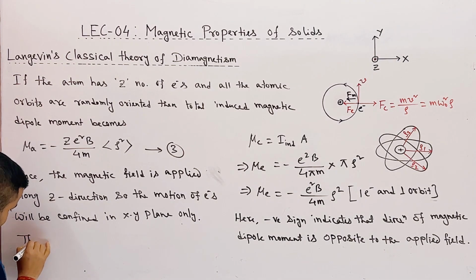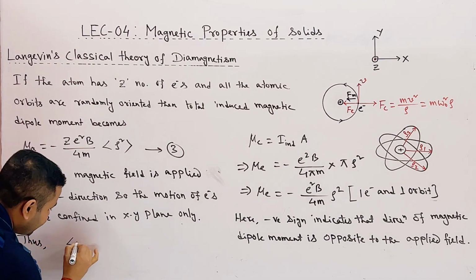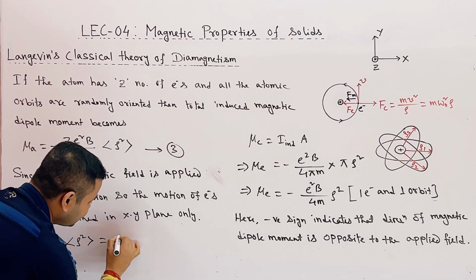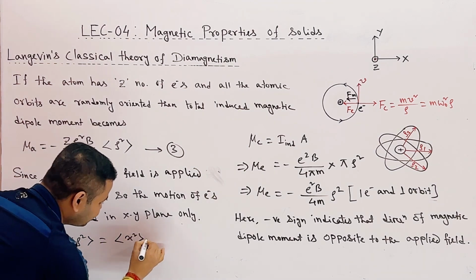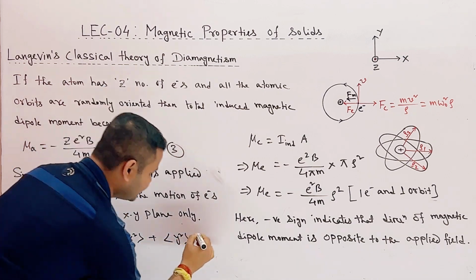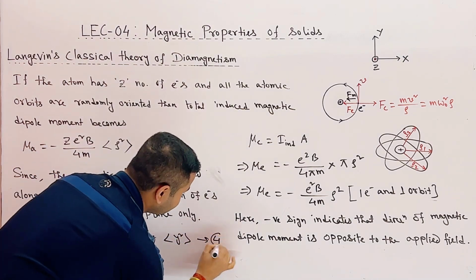Therefore, average value of rho square can be written as average value of x square plus average value of y square. Suppose this is equation number 4.